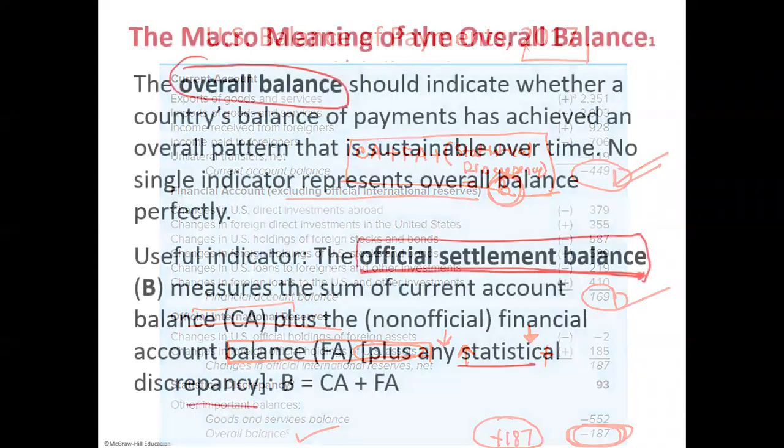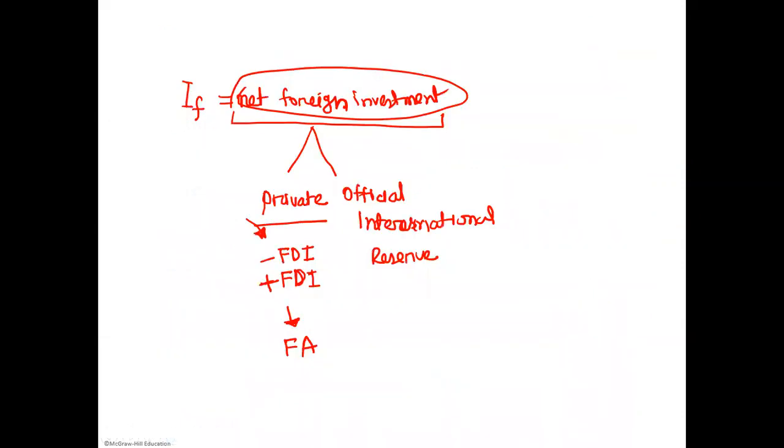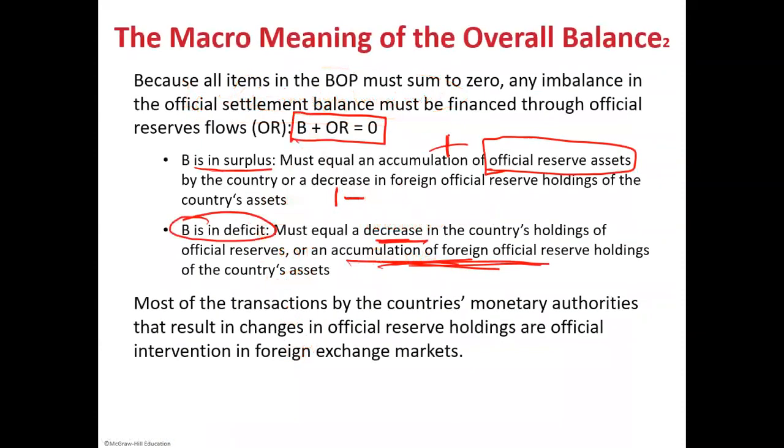So that is the part we like to discuss on the overall balance, its implications for the official reserve holdings, and when it is expected to go up and when it is expected to go down.